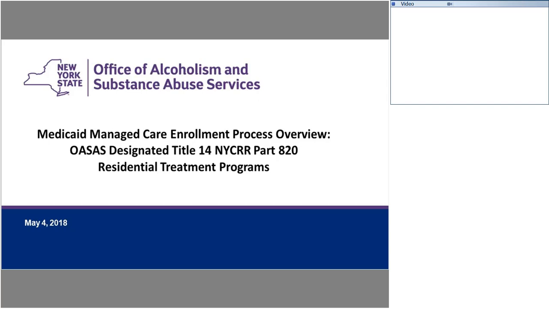Together with my colleague Benjamin Honeycutt from Maximus, we'll be walking folks through a new Medicaid managed care expedited enrollment process for a subset of those individuals receiving services within the OASAS Part 820 residential designated programs.